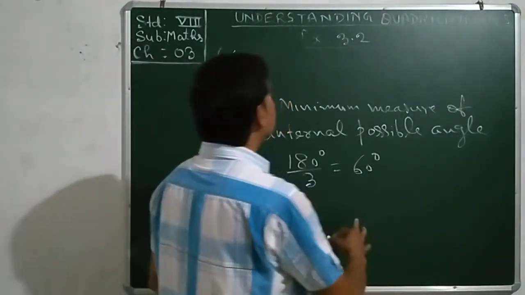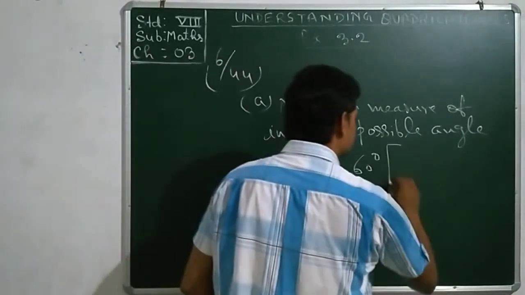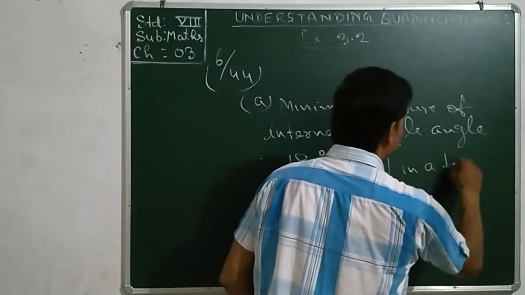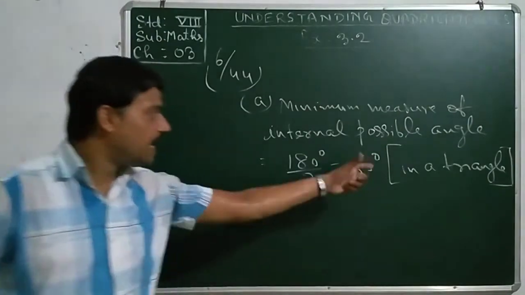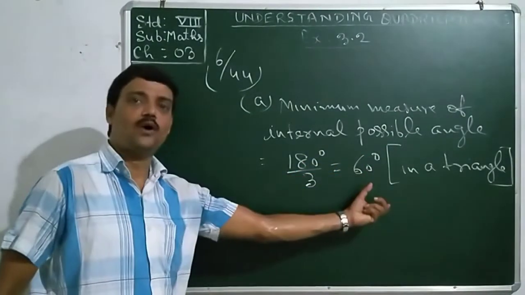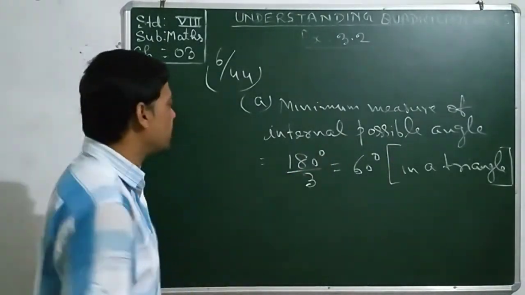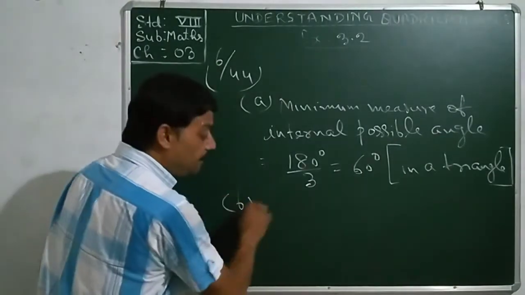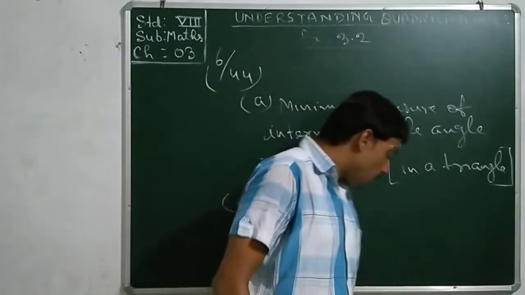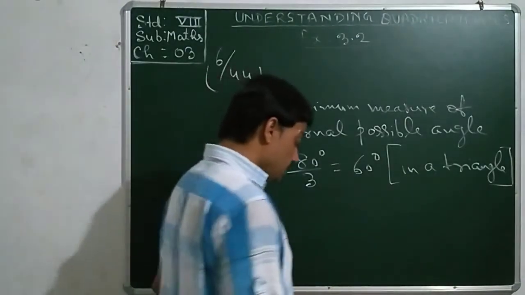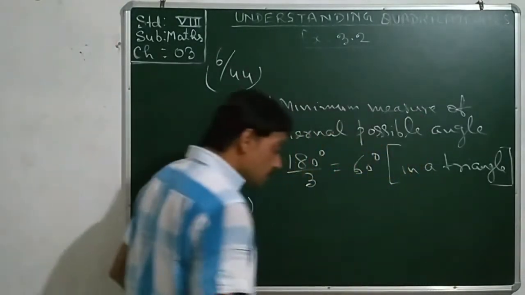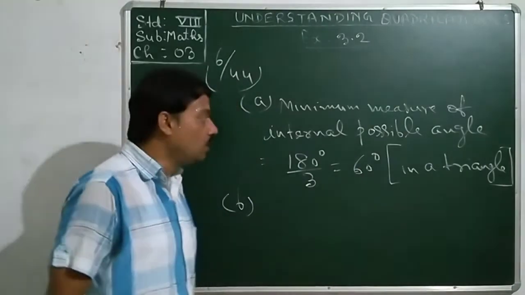And why? In a triangle, we know that the triangle is the first polygon we had learned so far. And for the B number it is asked what is the maximum exterior angle possible for a regular polygon.